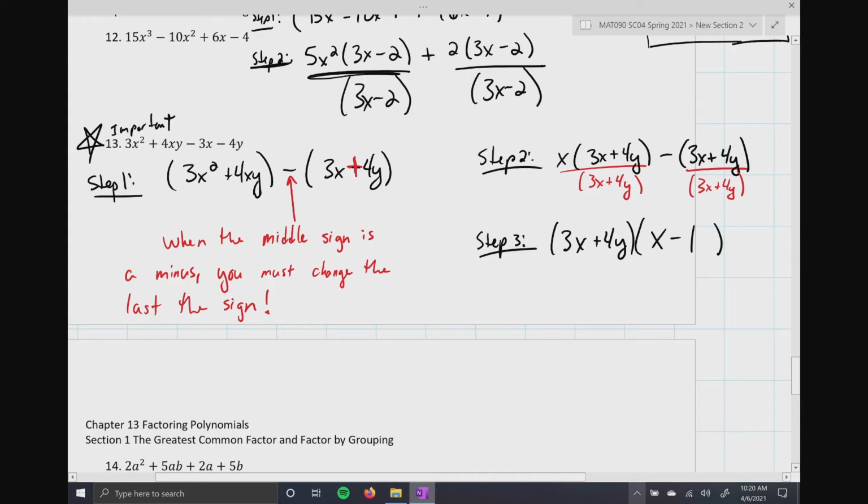Remember, when you're factoring out the 3x plus 4y, that is the GCF for both of those terms, so you're dividing. 3x plus 4y over 3x plus 4y turns into a 1. So you get x minus 1. Jada, awesome job. Are there any questions?